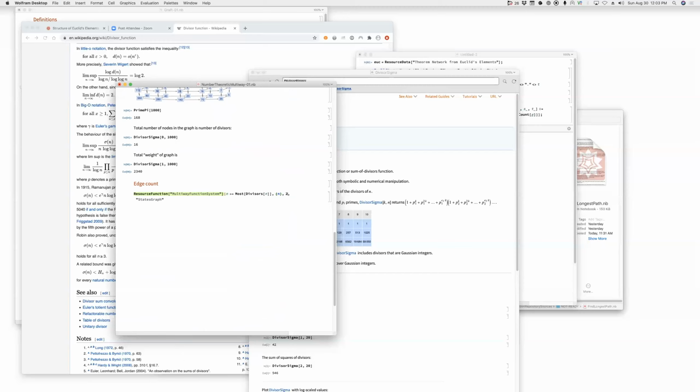The number of edges is just, let's see, what is the number of edges relationship with the number of edges? By the way, how do I count the number of edges? Do I just say edge count? Yep.